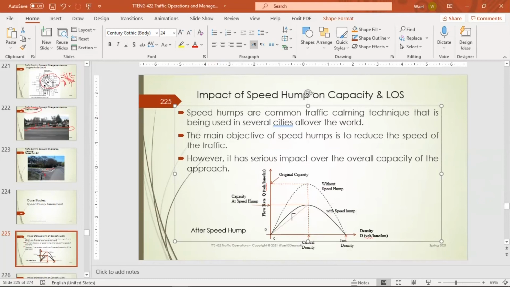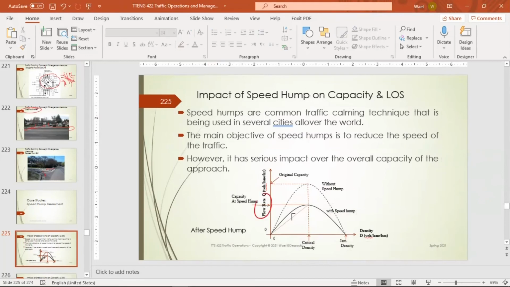Basically, this is the flow density diagram, the flow rate and the density, and as you know, it's a parabola. The dotted line was the original for the facility, and the solid line is right at the speed hump.